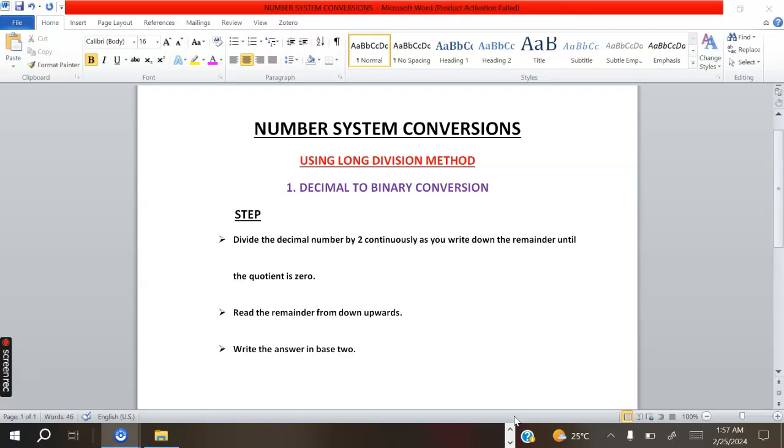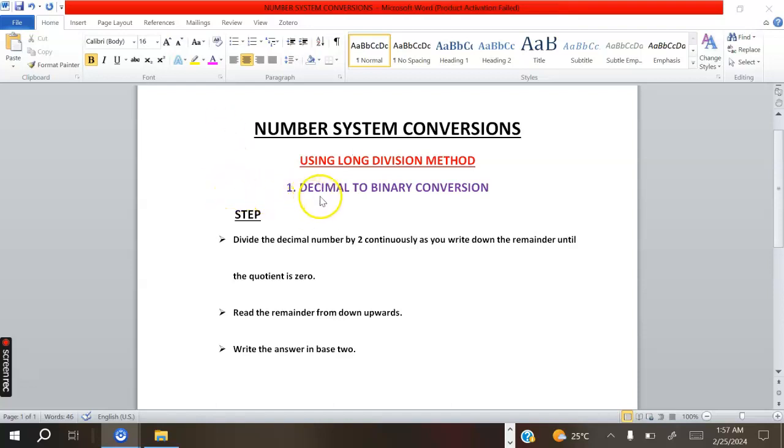I will take the long division method for this particular example. In the next video, I'm going to take you through the place value method. So you can check the two videos, then try to compare which method is easier for you.